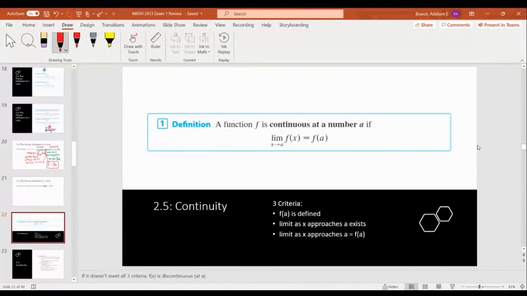So essentially there are 3 criteria to determine whether something is continuous. That point, f of a, has to be defined. Then the limit as x approaches a does in fact exist. And then that limit has to equal f of a.